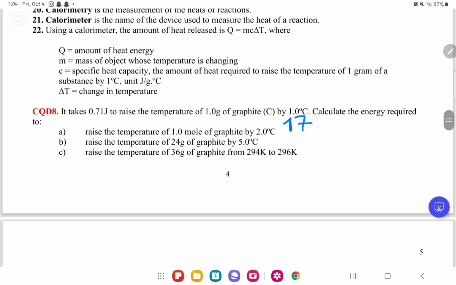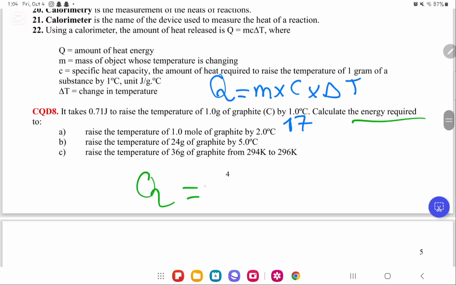Now we can continue the full question using this equation: Q equals M times C times delta T. So we need to find the Q. Okay, we know that our C is 0.71, but we need to find the Q to raise the temperature of 24 grams. This is our mass, by 5 degrees Celsius.